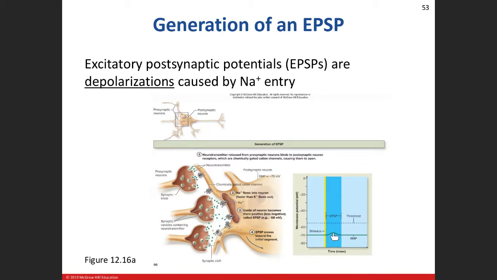So it goes from -70 to -68. But as it's traveling across the cell body, it becomes weaker and weaker because it's experiencing resistance, and it dies off. We need to get to this threshold value at -55, and we need to get to that -55 value at the initial segment. We'll talk about how we do that.